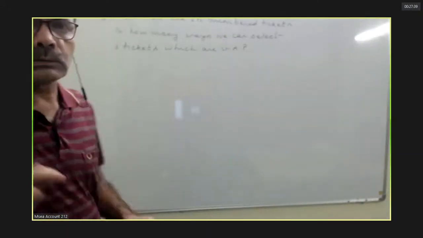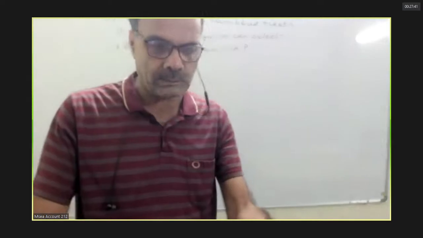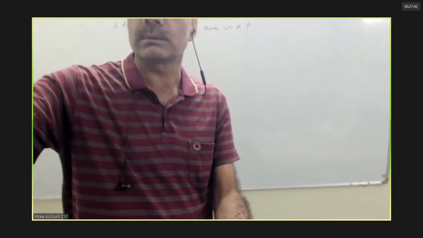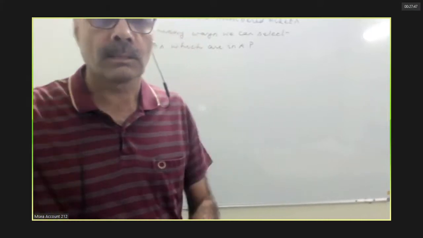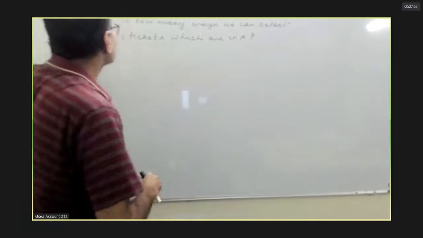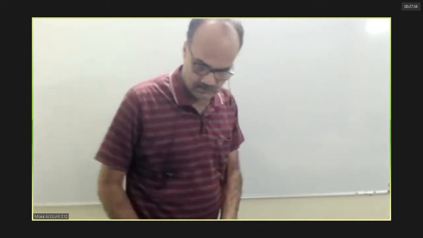So I'll do it by two methods. First, the fundamental method, then I'll give you some shortcut method. Suppose D is 1, common difference is 1.